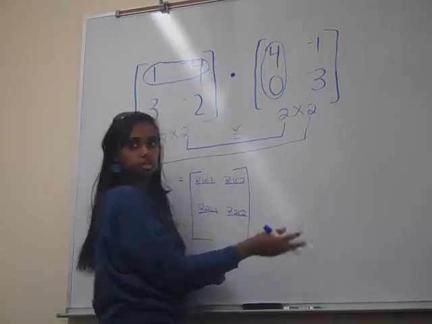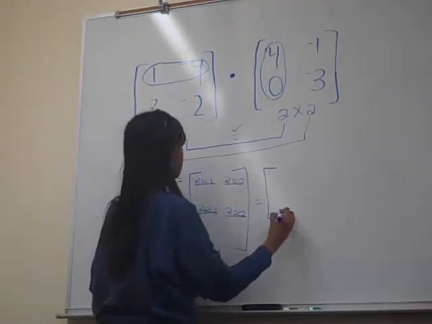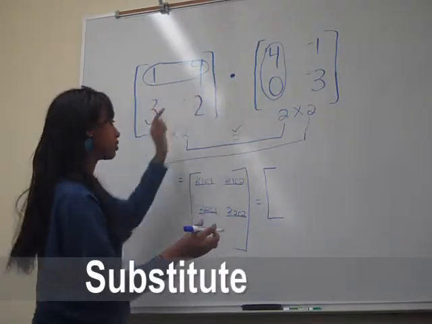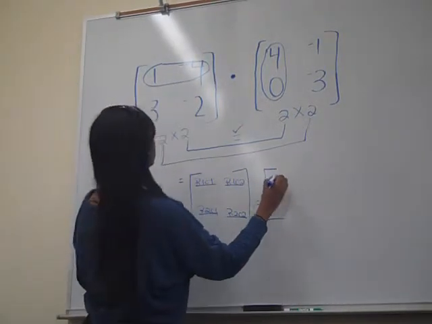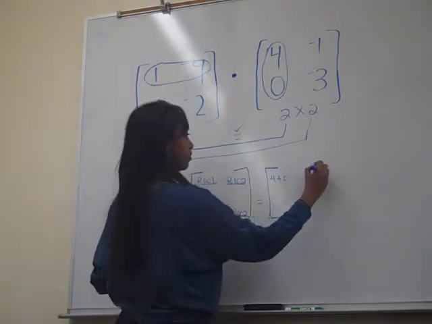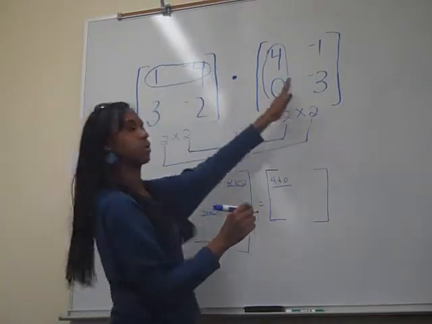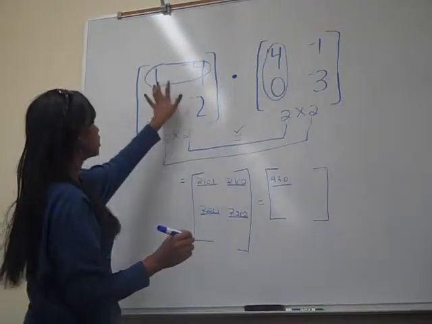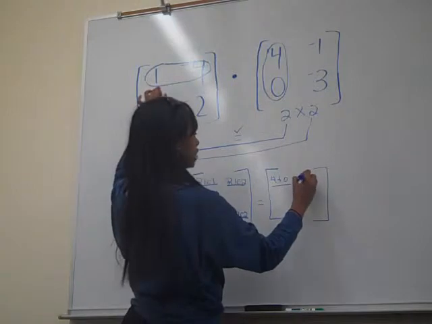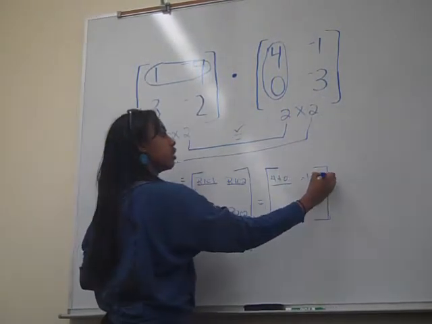Now all we have to do is substitute the numbers to where they belong. Row 1 times column 1: 1 times 4 is 4, plus negative 4 times 0 is 0. Then row 1 times column 2: 1 times negative 1 is negative 1, plus negative 4 times negative 3 is 12.